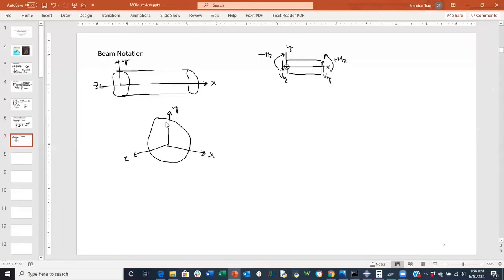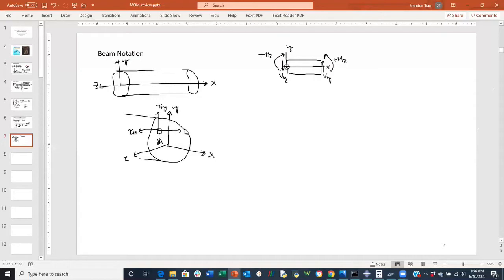Okay, so if I take this cross section here and pick an arbitrary point in the positive y and z direction, this point has a particle area dA, and this area has the following stress elements in the positive directions: tau x,y positive, on the x face, and in the z direction, tau x,z positive.